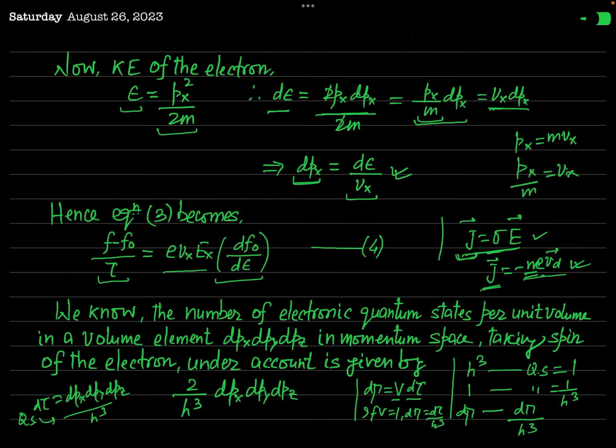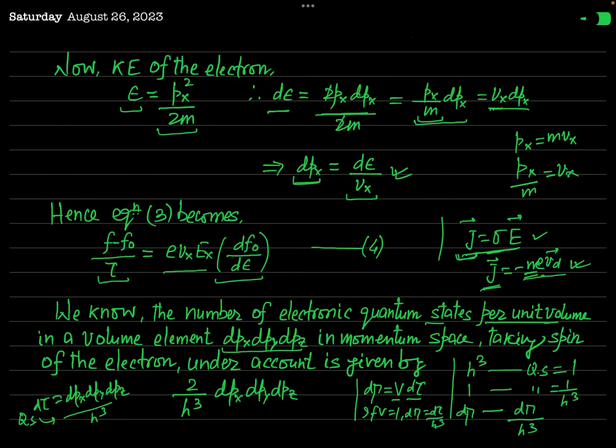But since the electron has two spin states, the total number of electronic quantum states will be just twice this value. So I have written here the number of electronic quantum states per unit volume in a volume element dpx, dpy, dpz in momentum space.